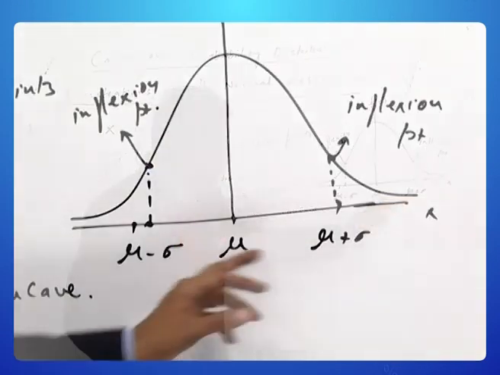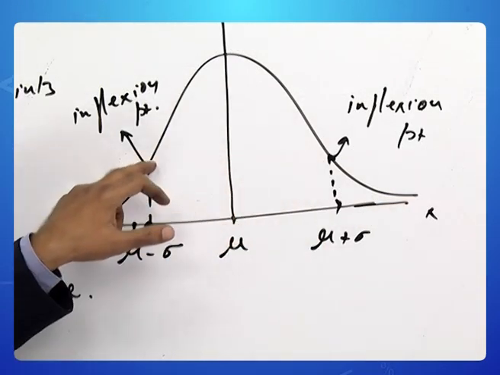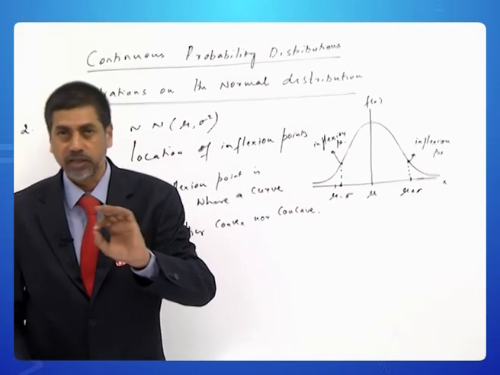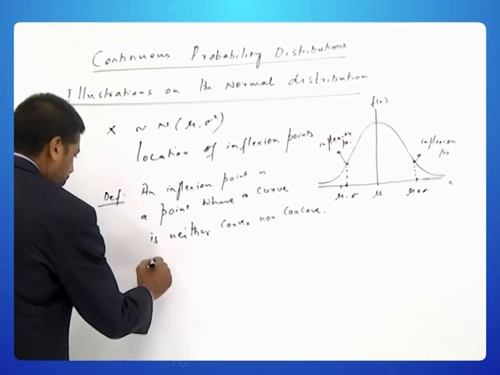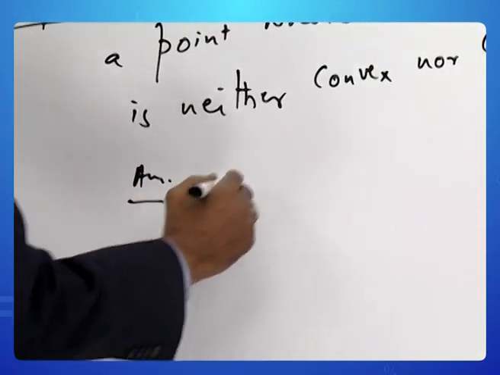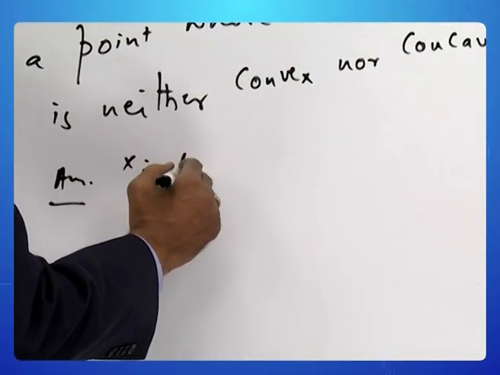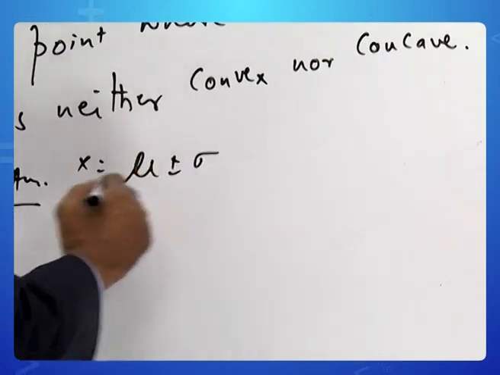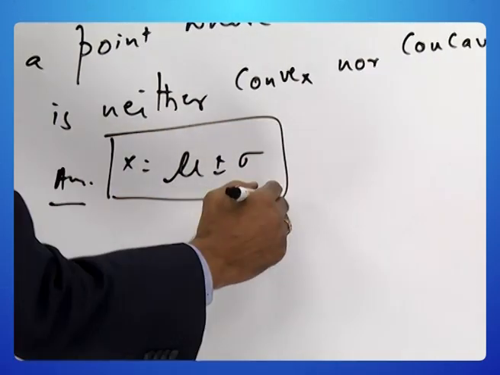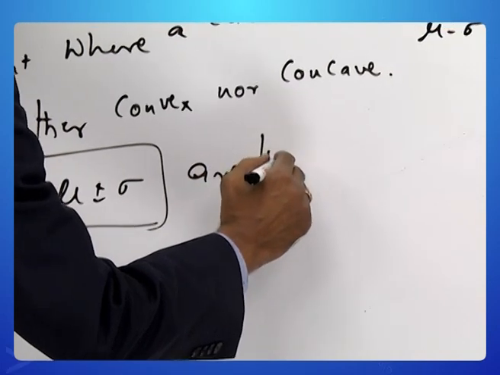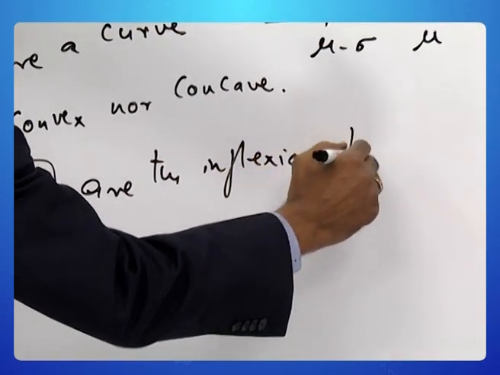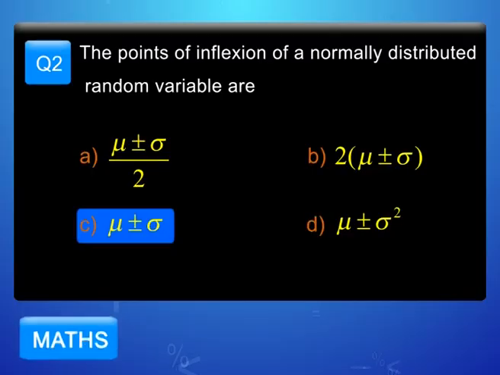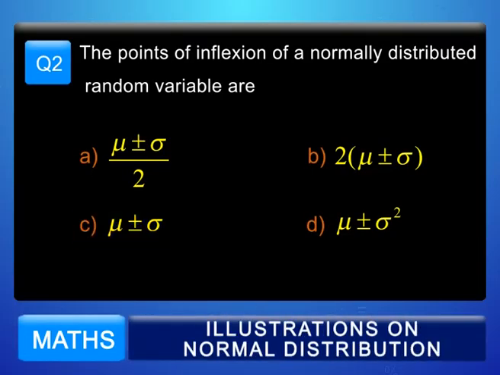So, it is at these 2 points on the curve that you will find that the curve is neither bending upward nor downward. So, the answer to this problem is x is equal to mean plus or minus sigma are the inflection points. Option C is the correct option for this problem.